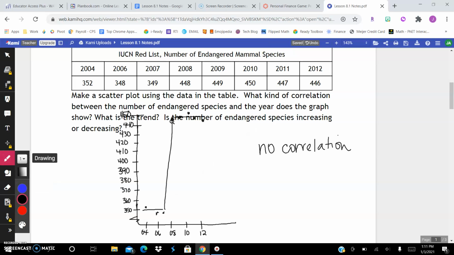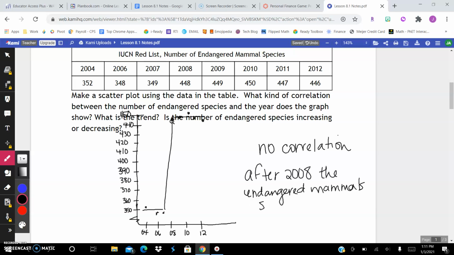And then it says, what is the trend? So after, what year was that? 08. After 2008, the endangered mammals stayed around about, not 200, 450.